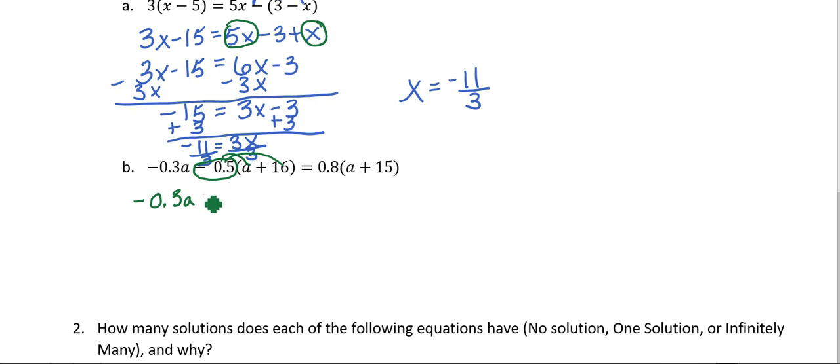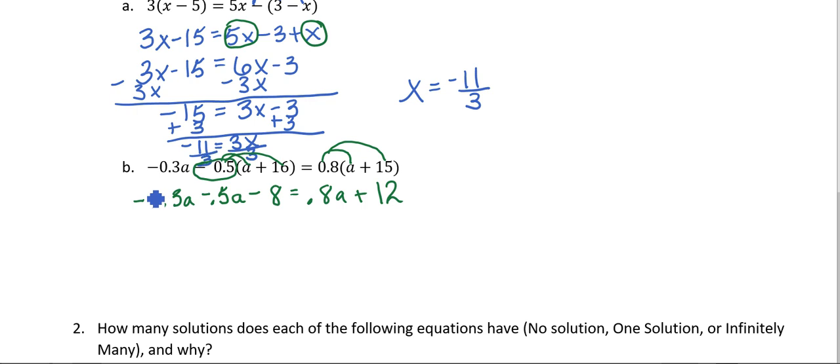Now I have minus 0.5a minus 8. On my other side, I'll have 0.8 times a, which gives me 0.8a, plus 0.8 times 15, which gives me 12.